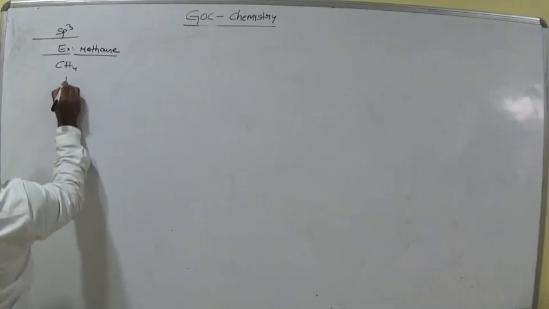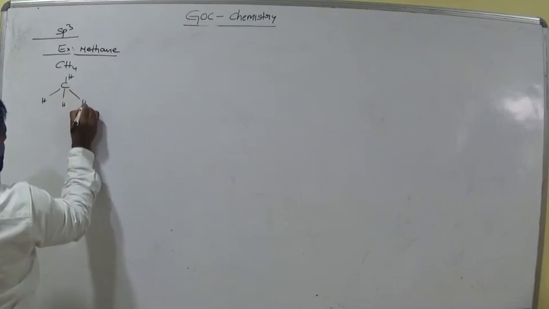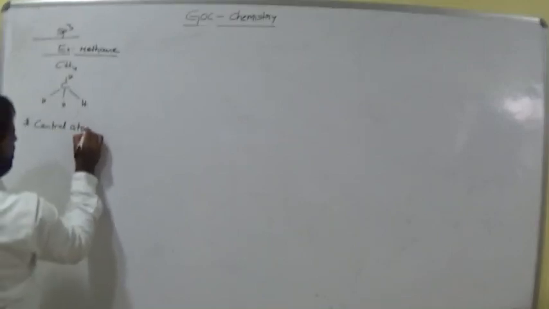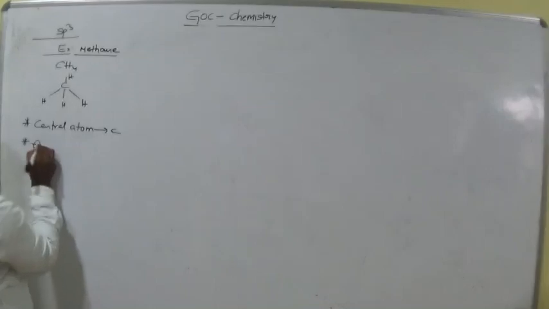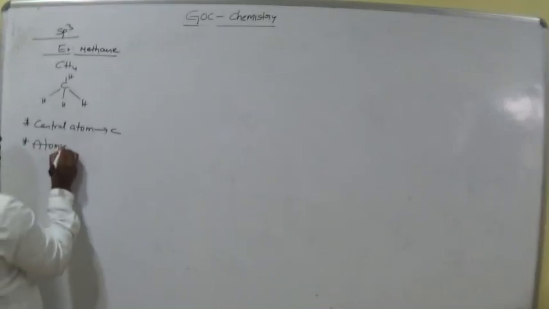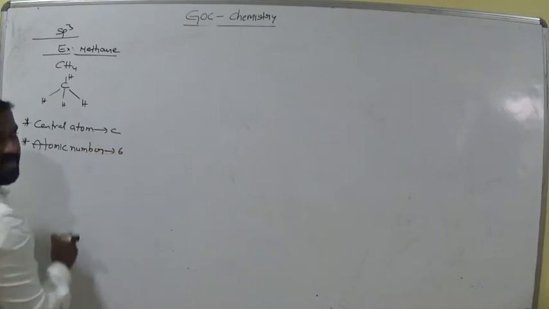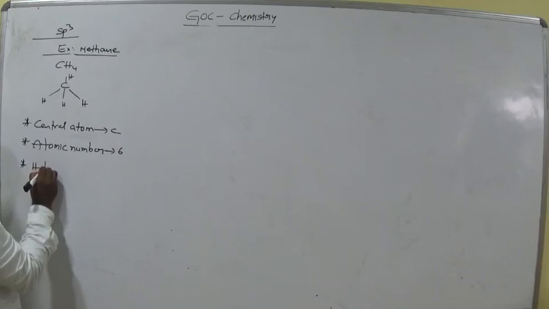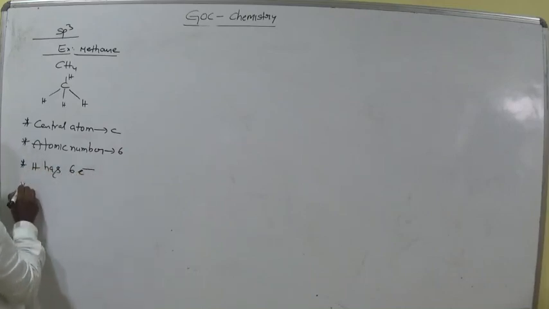The central atom is carbon, atomic number 6, that means it has 6 electrons.